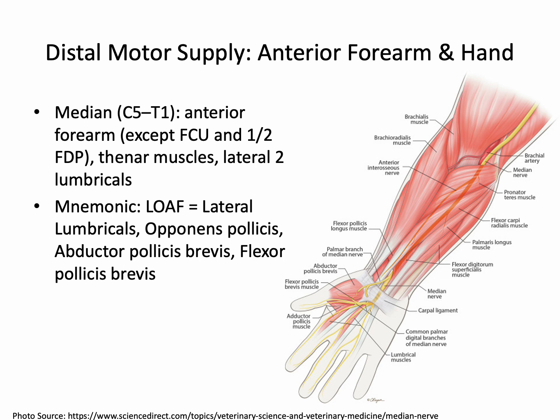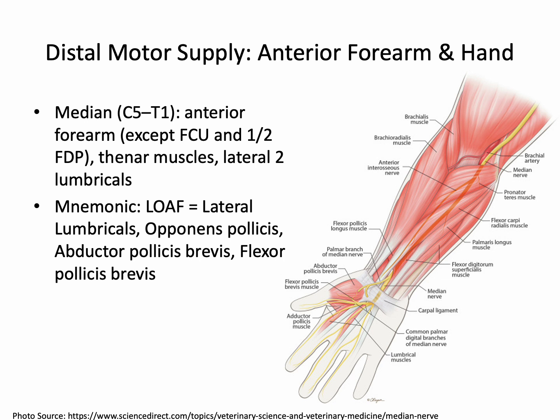The median nerve courses from the axilla to the hand, passing through the arm, elbow, forearm, and carpal tunnel. It innervates most of the flexor muscles in the forearm, which is the anterior compartment of the forearm, as well as the intrinsic hand muscles such as the thenar eminence and lateral lumbricals.